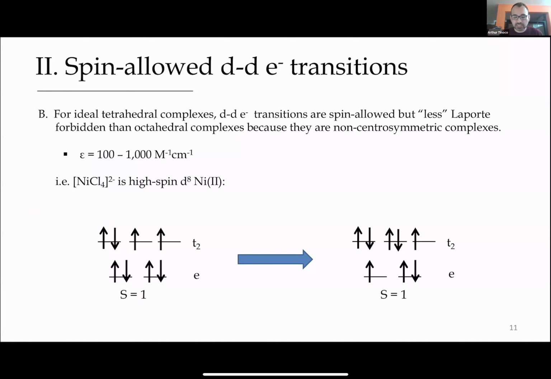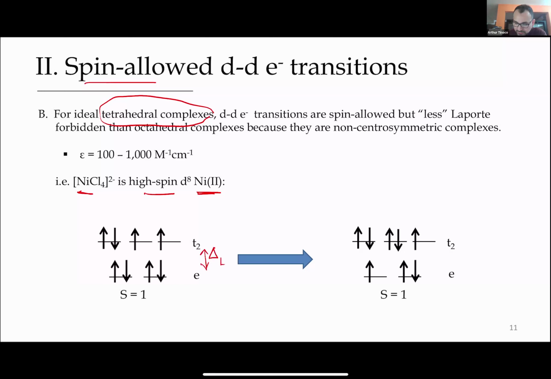So here I'm giving you an example of tetrahedral complexes, and an important difference that can exist for these types of complexes relative to octahedral. So here we're focusing on an example of spin allowed for a tetrahedral complex. So this complex that we're focusing on is nickel coordinated by 4 chloro ligands. And this nickel is nickel 2 plus, which in this particular compound would be high spin d8.